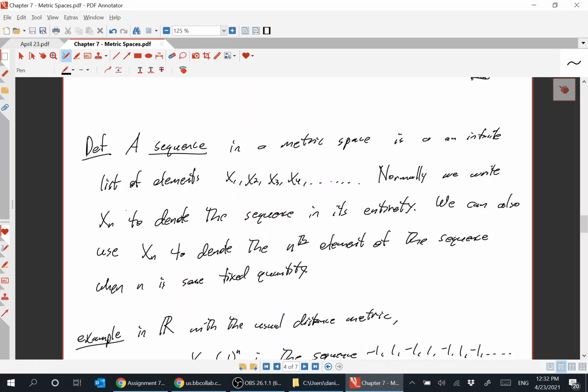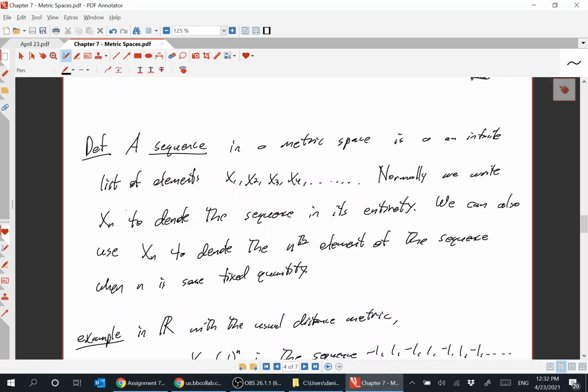Well, what can you do just with the distance function that you normally do with the real numbers? Well, we can talk about convergence. Very important concept in the real variables class, 4310, 4320. Obviously, it's really important because calculus is all based upon limits and convergence.